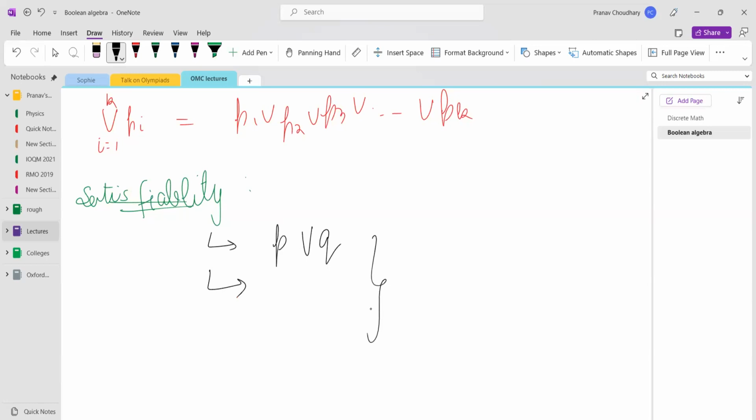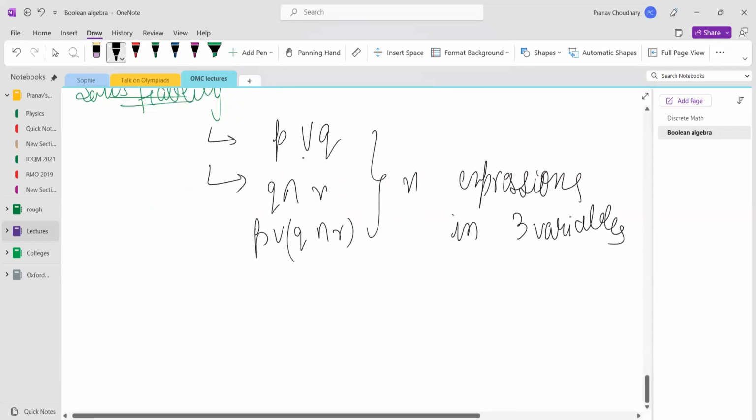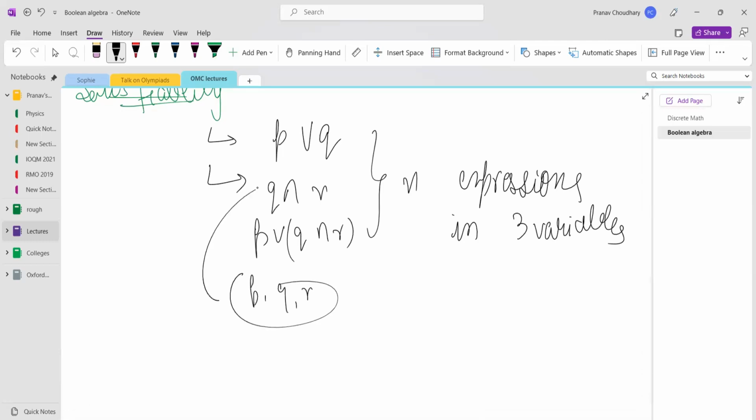You have a bunch of expressions, let's say some n expressions in free variables. An example of this can be P or Q, or let's say Q and R, P or Q and R. So these are three variables, right? P, Q, and R are the variables involved in these three expressions.